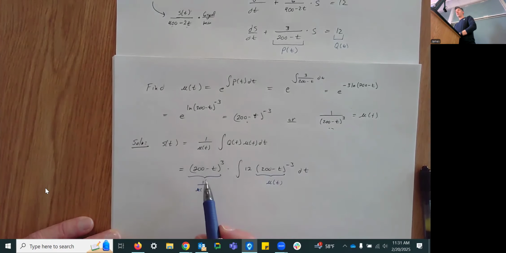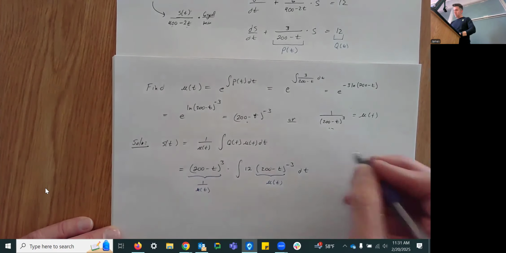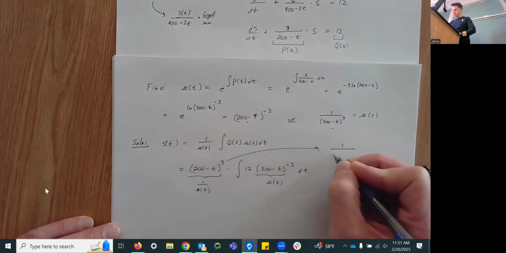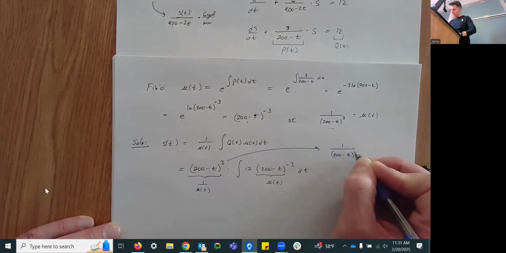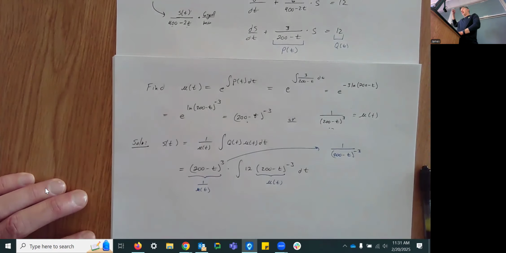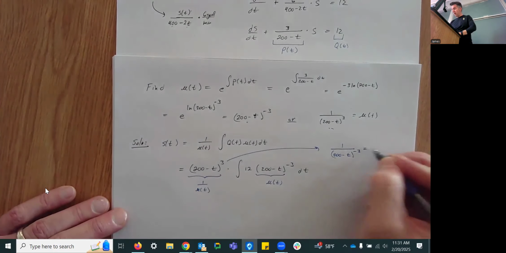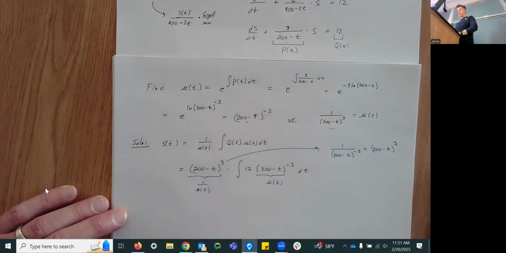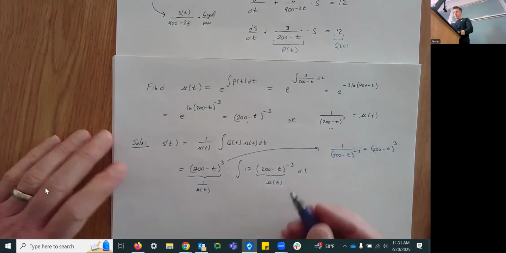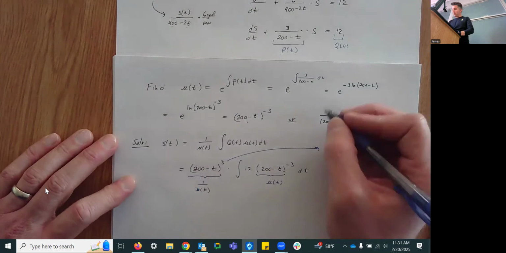This one, no. Because you could say this is the same as 1 over 200 minus t to the negative third. But if I bring it up to the numerator, that changes the sign of the exponent. This is the same as 200 minus t to the positive third, which is why I'm writing it like that. That makes sense? This is my mu of t.